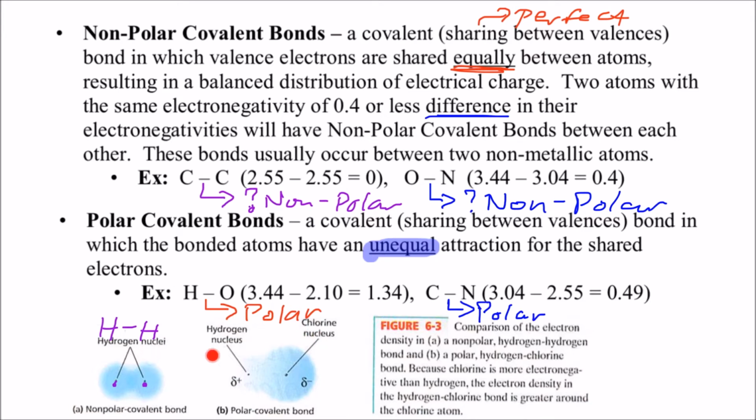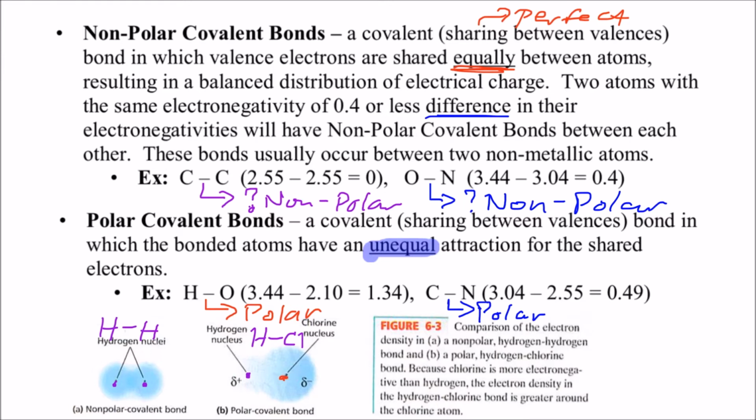Alright, if you look over here, we have a different situation. We have hydrogen bonded to chlorine, okay? So here's the hydrogen nucleus, and here's the chlorine nucleus, and they each have protons in there. And chlorine has way more protons than hydrogen does.